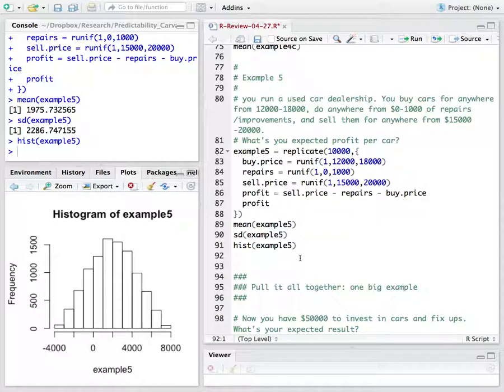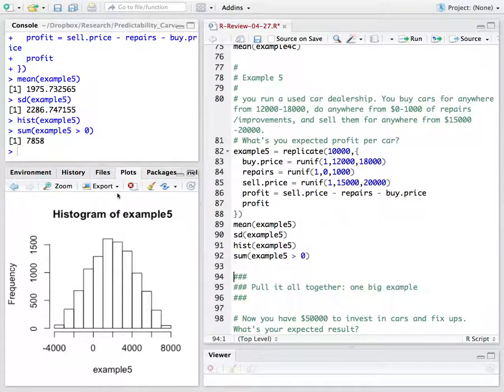So if we take our vector of example 5s, we want to find out how many of them are greater than 0. If we ask R which of those are greater than 0, and we sum over that, we get that 7,800 of them generate a profit.